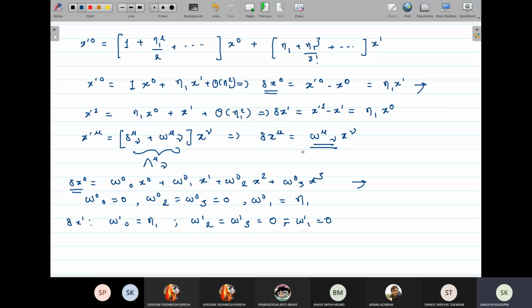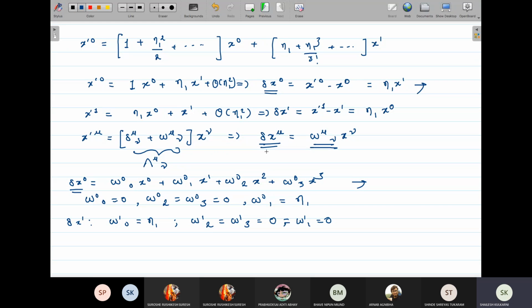But what we are doing is going in the reverse way. We know the finite Lorentz transformation, we are considering the infinitesimal version of it, and we are comparing with our delta x.